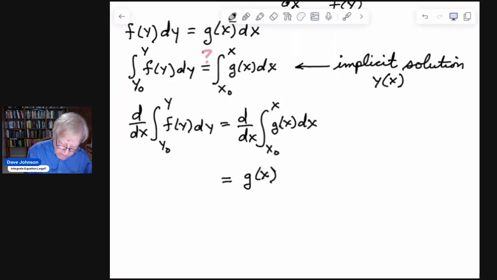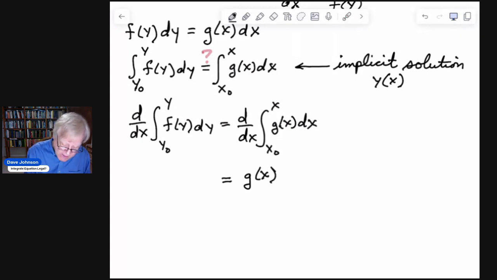On the left side, you've got to be a little careful here. We're differentiating with respect to x, but y is the upper limit of the integral. And so what we have to do is apply the chain rule because we're differentiating with respect to one variable, but we really want to differentiate with respect to another variable. And I could write all that out, but I think you know what the chain rule is.